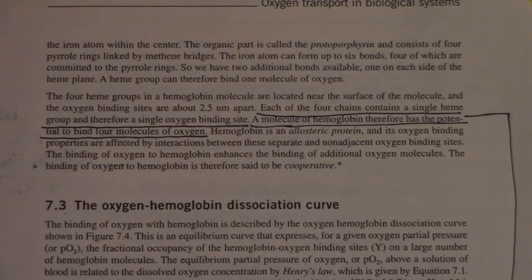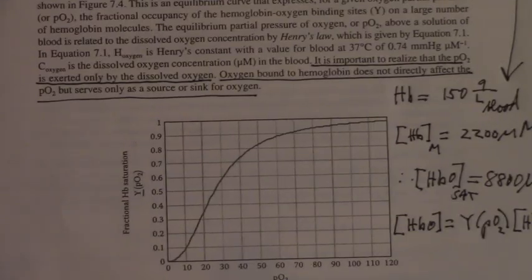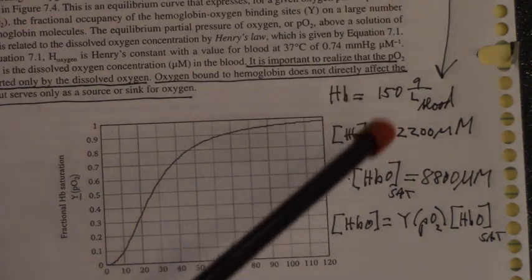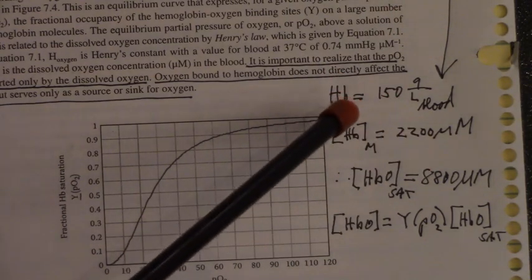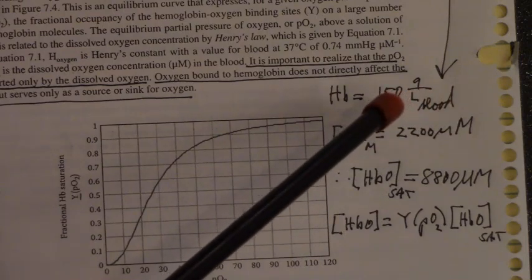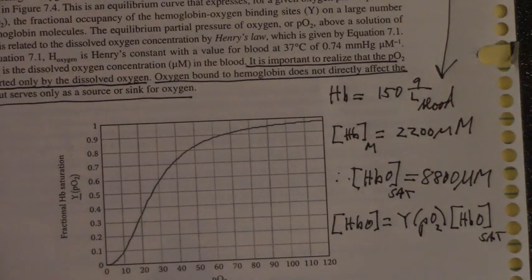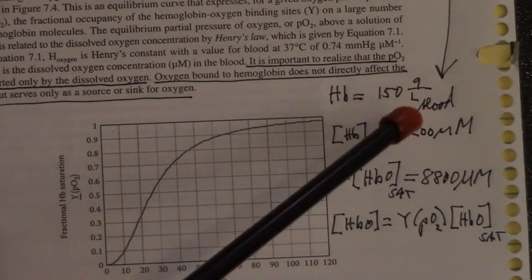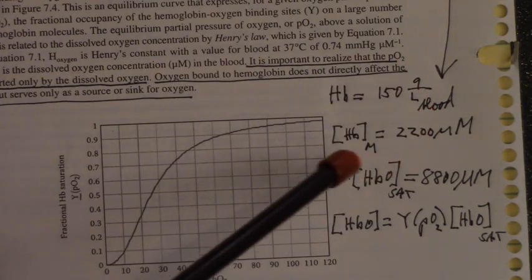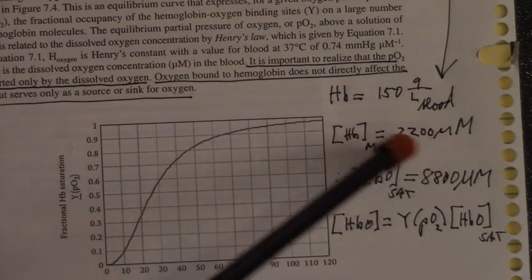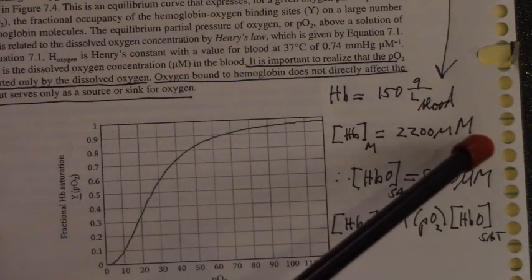Over here on the side I have a little sidebar calculation I want to show you. Nominally in a healthy person the level of hemoglobin in the body is 150 grams per liter of blood, or 15 grams per deciliter of blood. If you divide the 150 grams per liter by 68,000, then we can say that the concentration of hemoglobin in molar units in blood would be 2200 micromolar.